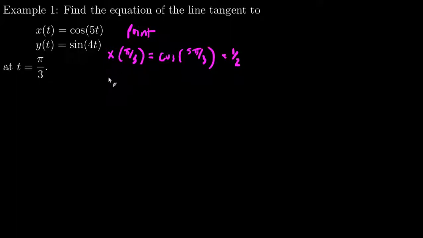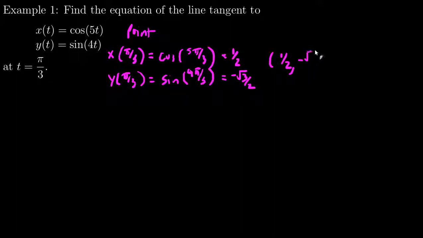And I need to find y of pi over 3, which is going to be the sine of 4 pi over 3, which is negative root 3 over 2. And so my point is 1/2, negative root 3 over 2.